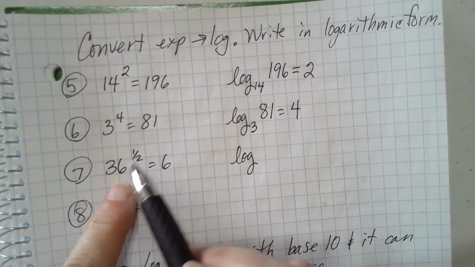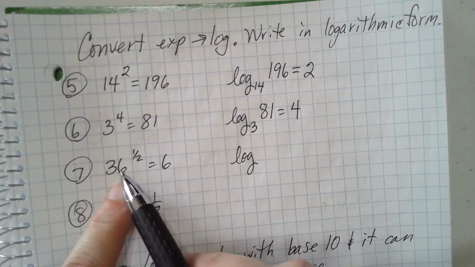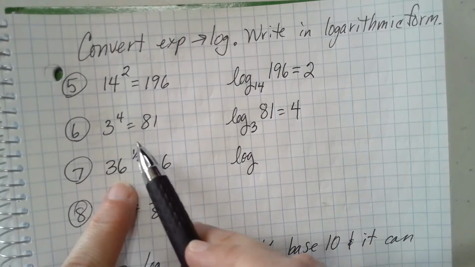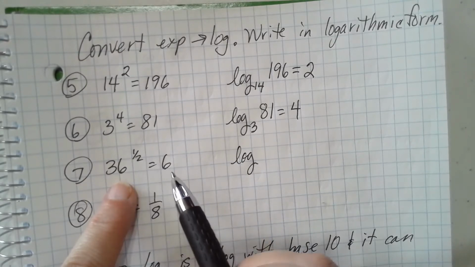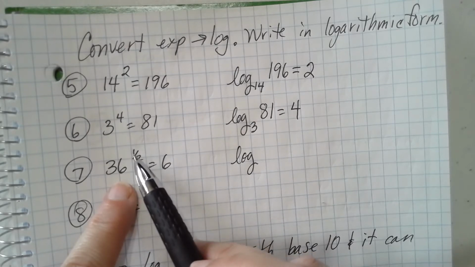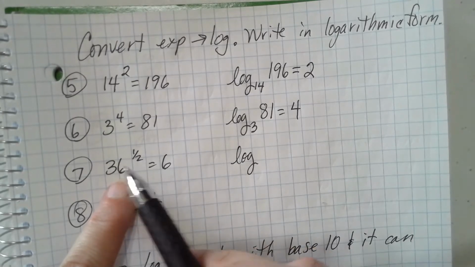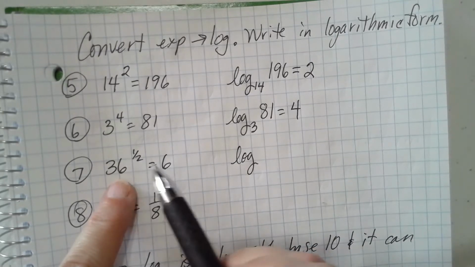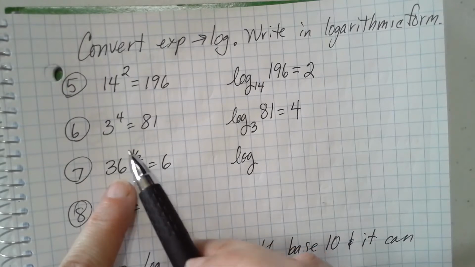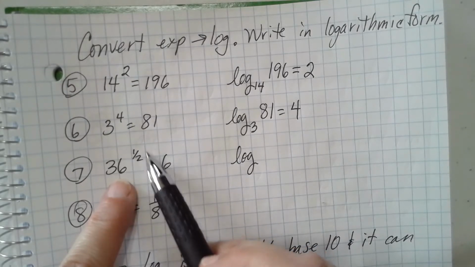Okay, so just a side note here, whenever you take a number to an exponential power, it's going to make it smaller. So 1/2 power is the same as the square root, right? The square root of 36 is 6. So anytime you want to make a number smaller using exponents, you're going to use a fractional exponent.